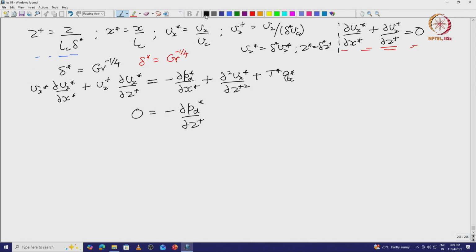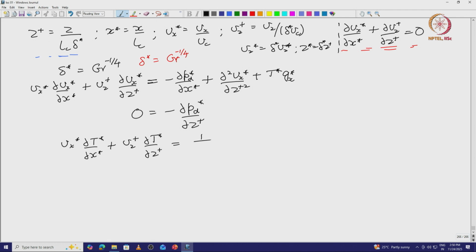Finally, the energy conservation equation: Vx star partial T star by partial x star plus Vz plus partial T star by partial z plus. Vz star is delta into Vz plus, z star is delta into z plus. So, this will cancel out in the numerator and denominator.